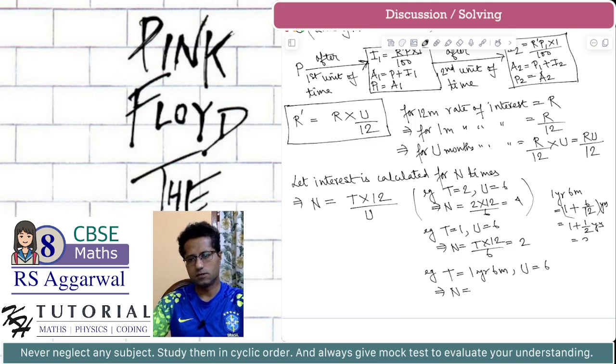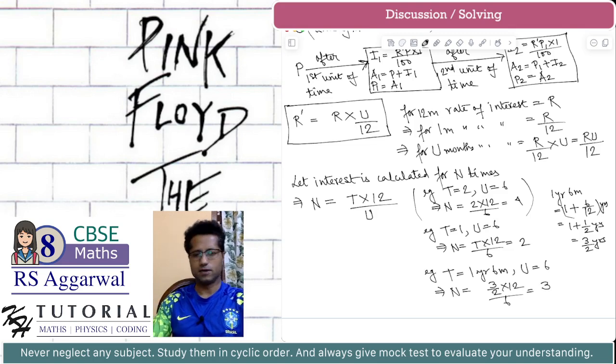So this is 3 by 2 years. 1 year 6 months is 3 by 2 years. So n will be, T will be 3 by 2 multiplied by 12 divided by 6. This is equal to 3. So you can see the calculation of interest will happen 3 times, since we are calculating the interest after every 6 months. Why? Because the unit of time U is 6 months.